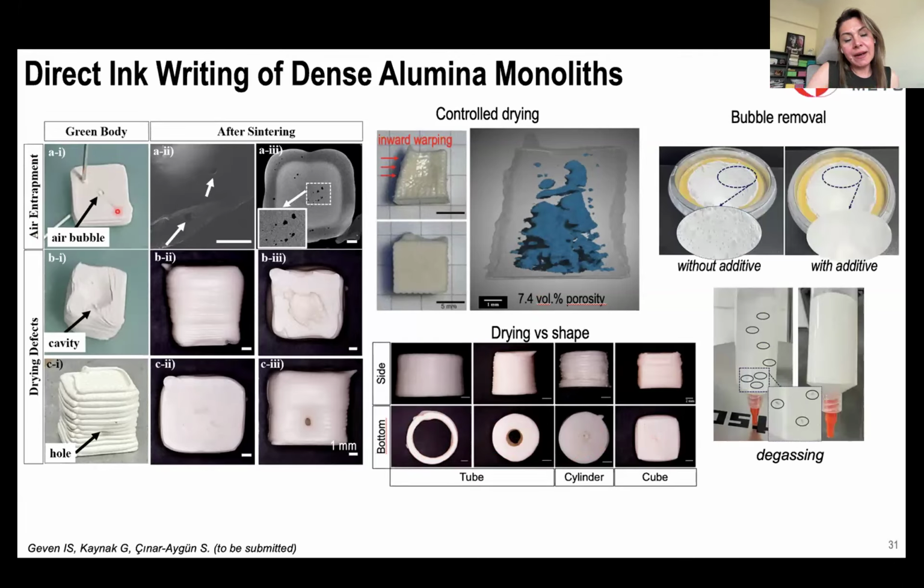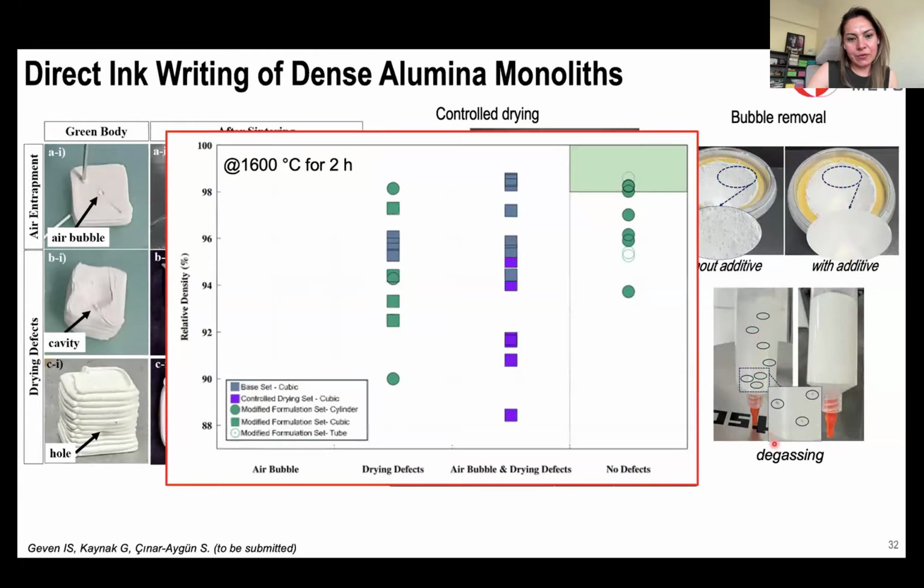I also mentioned the air entrapment defects, and we solved that by adding another additive. We removed all the pores during sample preparation, and while adding the suspensions into syringes, we also realized that we made more air bubbles, so we degassed them to remove those defects.